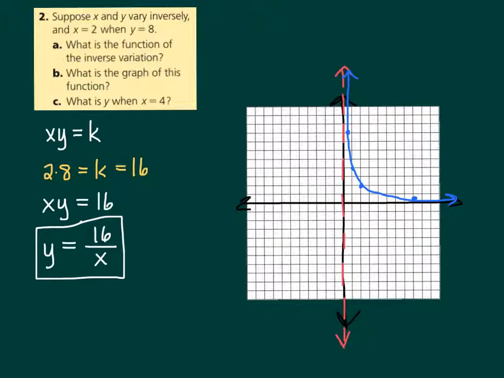That's not the whole thing though, because I can plug in -1, right? If I plug in -1, I'm at what? -16. And it's going to be a similar scenario here. It's going to be this same piece right here, just reflected into the third quadrant.